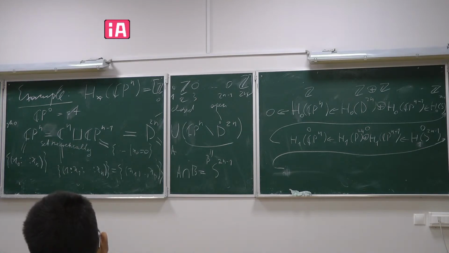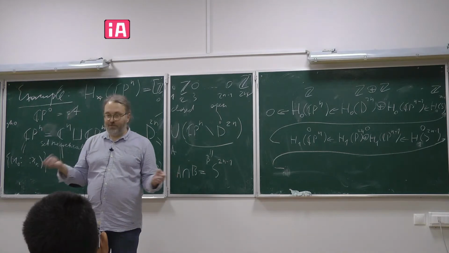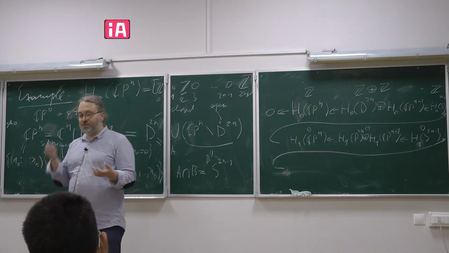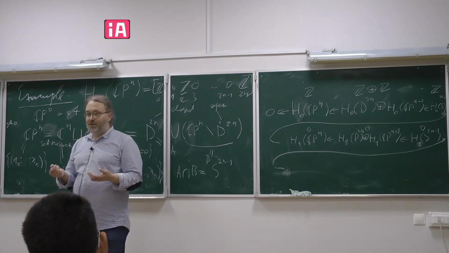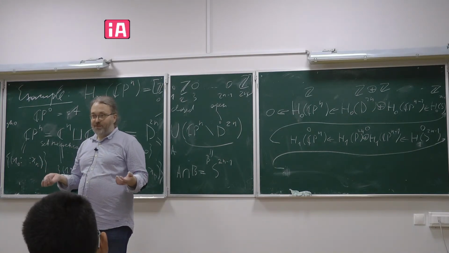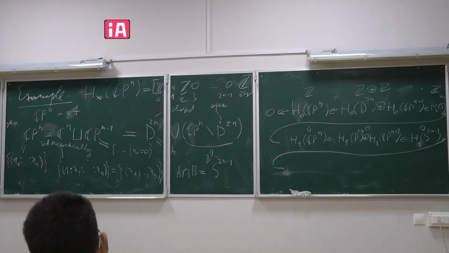For example, every knot in the three-sphere is homeomorphic to the circle, but there are different knots. But in this case, it's pretty straightforward.